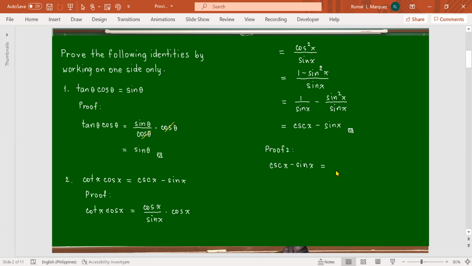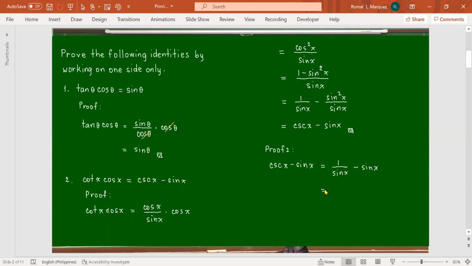From its reciprocal identity, that is equal to what? Equal to 1 over sine x. So 1 over sine x, that is the identity for cosecant x. And then we copy this negative sine x.